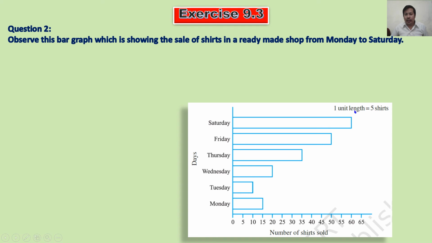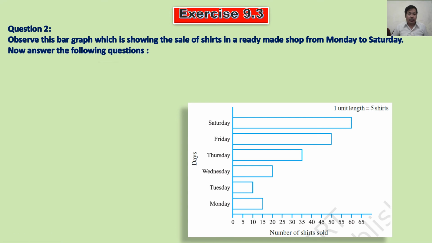One unit gives the value of five shirts. Another unit, another five shirts. That's why we see 5, 10, 15, 20, 25, 30, 35, 40, 45, the multiples of 5, because one unit has 5 values here. Clear?